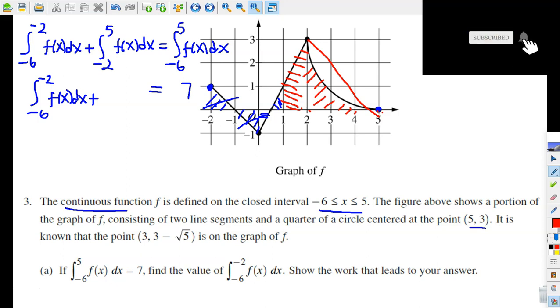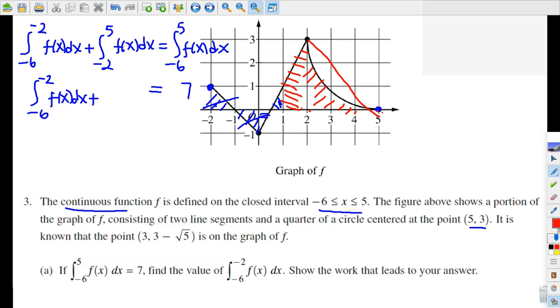So when we do that, this total area in red is going to be equal to 2 plus 9 minus 9 pi over 4. Okay, so if I put it over here, we're going to get 9 minus 9 pi over 4. We're going to treat this definite integral as a variable that we would like to solve for.